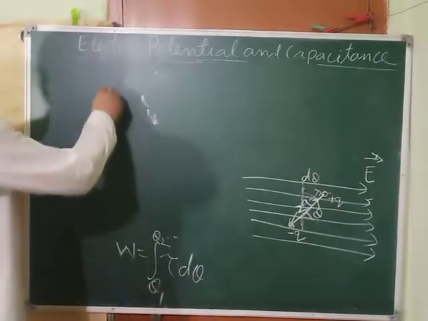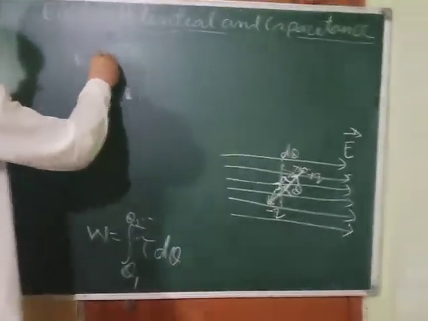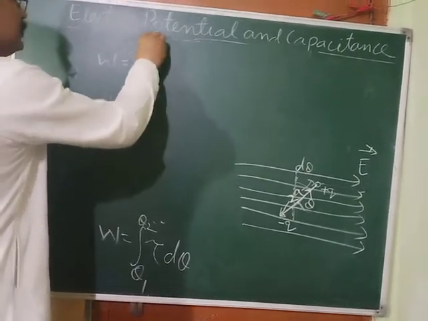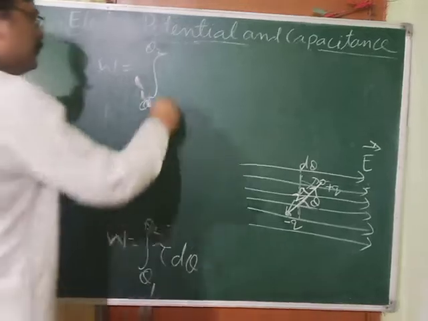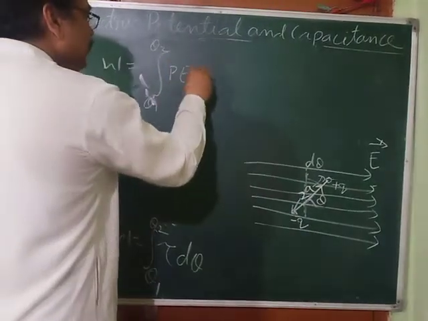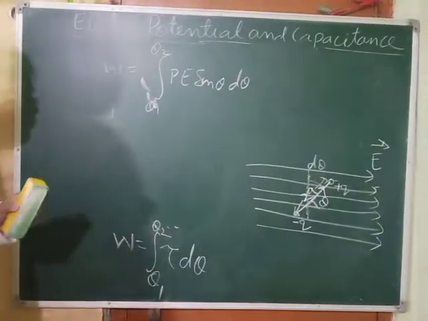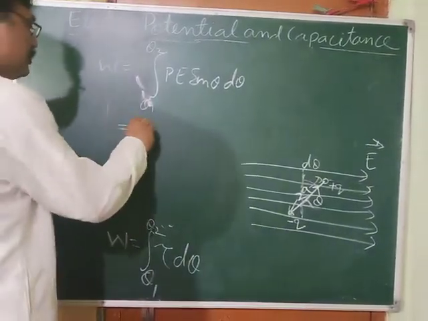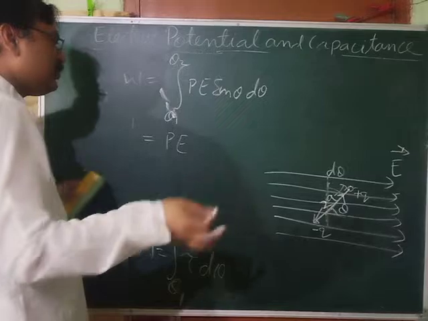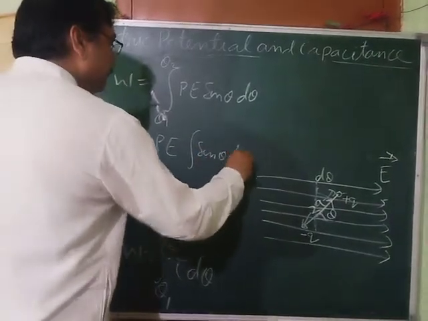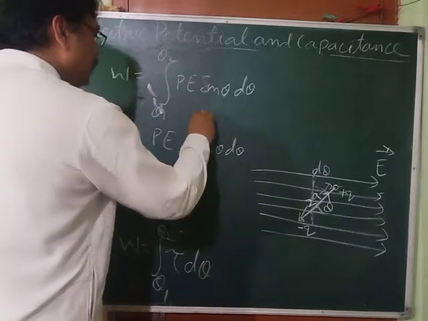Now W equals, what is the value of tau? This is theta 1, this is theta 2. Tau was PE sin theta, and d theta. P is constant, and the electric field is uniform, so it is also constant. We have sin theta d theta, with limits theta 1 to theta 2.